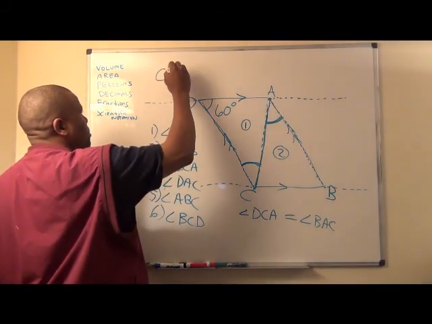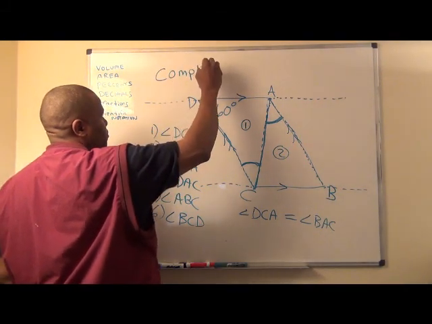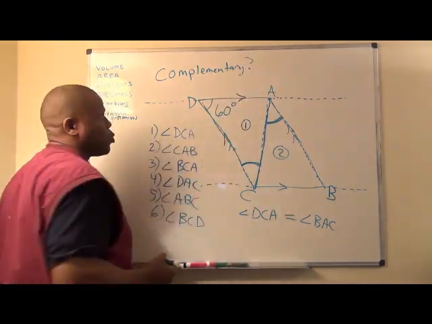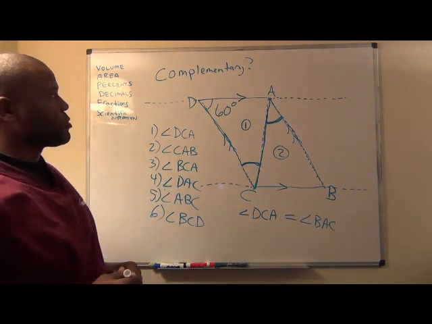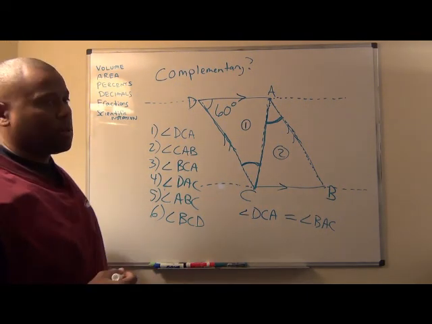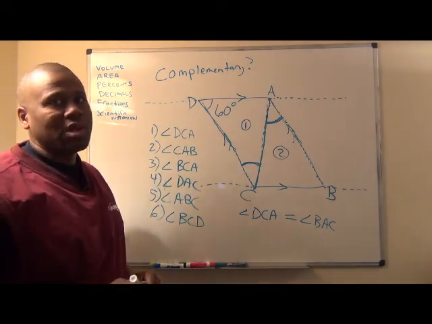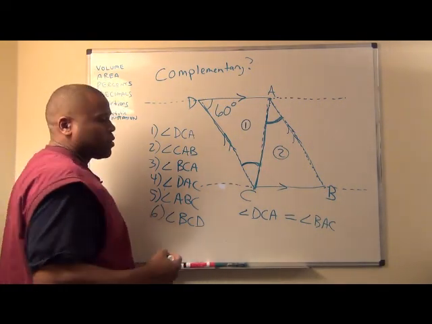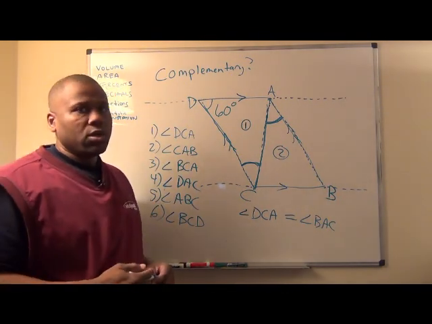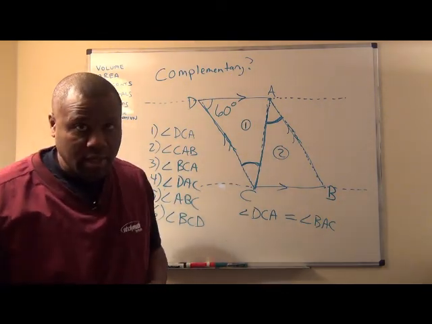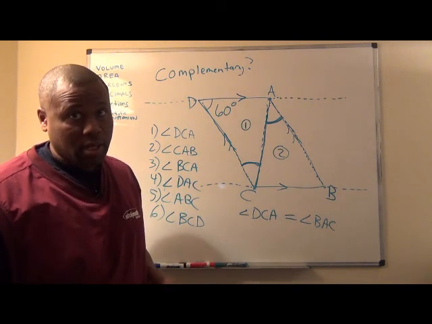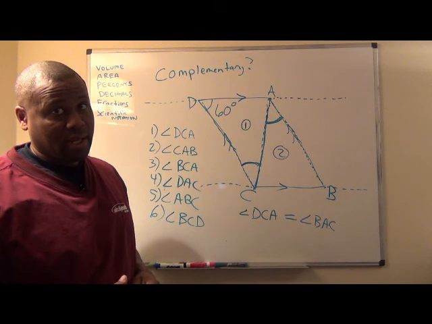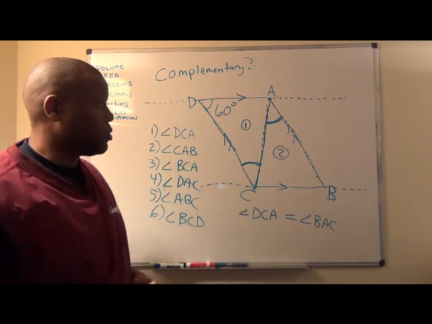What does complementary mean? When two angles are complementary, that means that the sum of the two angles totals 90 degrees. So in order for two angles to be complementary and to be congruent, they have to total 90 degrees.